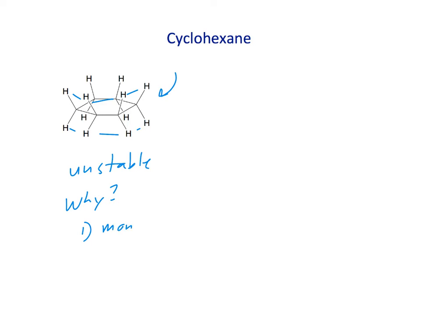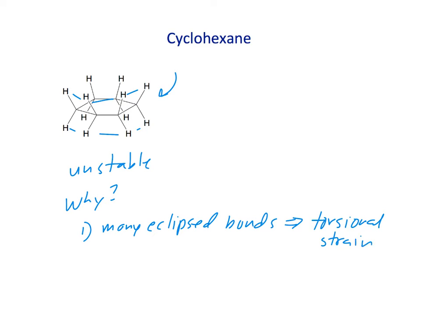So we have many eclipsed bonds, and we know that this adds up to torsional strain. Okay, so this makes the molecule unstable or less stable.